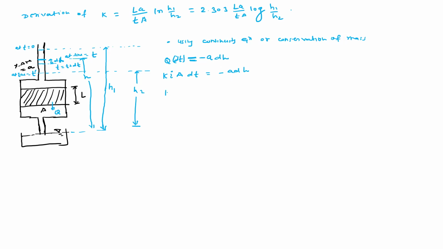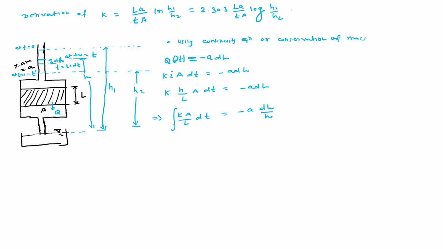And you know i is equal to head causing flow divided by length of flow, h by L. So k h by L into a into dt is equal to minus a into dh. From here, if you take this h to the right side, then k a by L dt is equal to minus a dh by h.